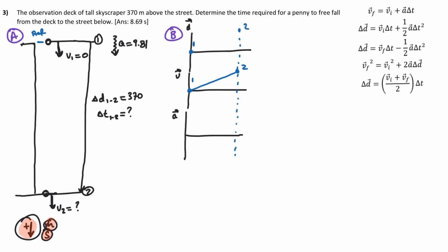And that would mean that our acceleration in this case is positive because the slope of that line is also positive. Does it make sense? We know that the acceleration is downwards, and down this time is our positive direction. Since they match, it makes sense that this is in the positive direction.